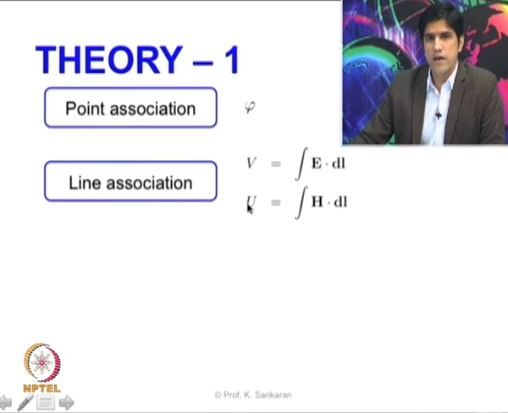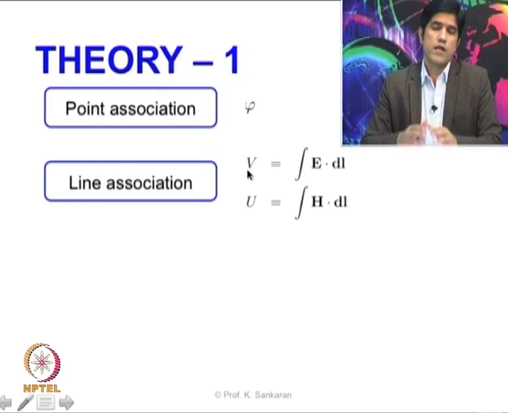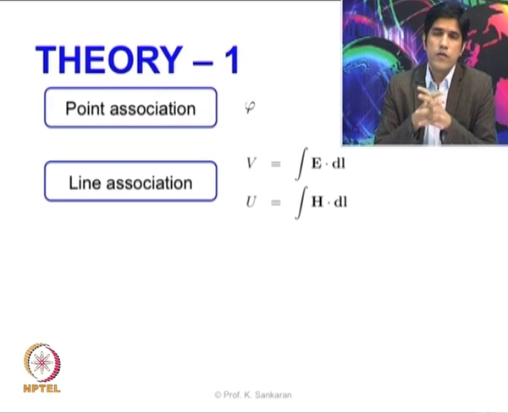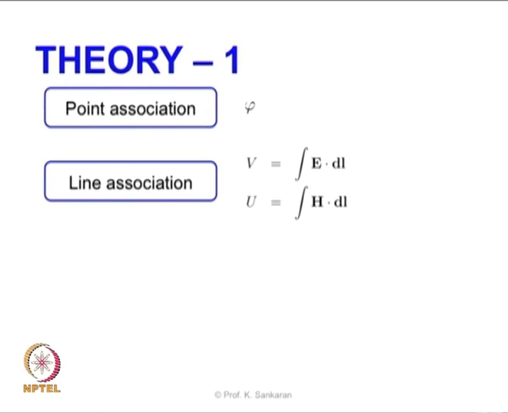In most of the engineering literature, we use the word electromagnetic force, which is questionably not the right way of putting it, because this is not a force term. The unit of this is not Newton, but we kept using it because in historical times we normally used the word force, because force is the basic quantity.